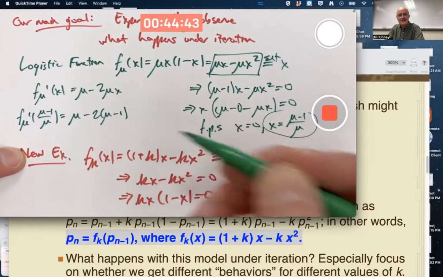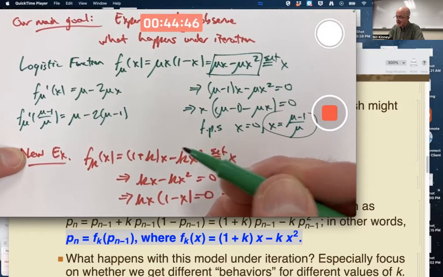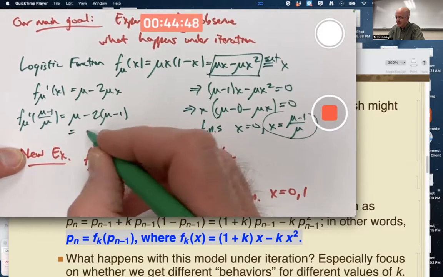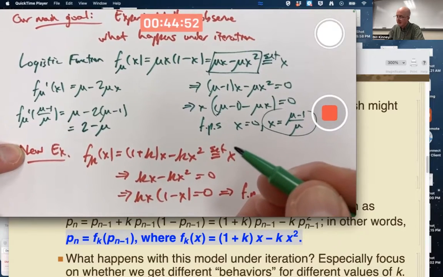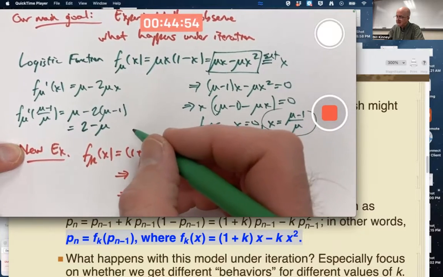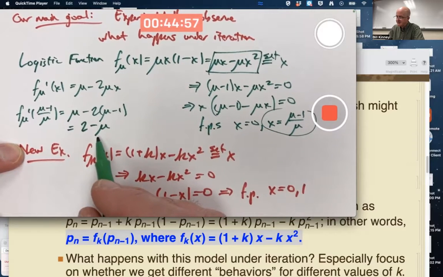If I didn't make a mistake, double check to make sure I don't make a mistake here. Looks like this simplifies to 2 minus mu. And that's going to be an expression.